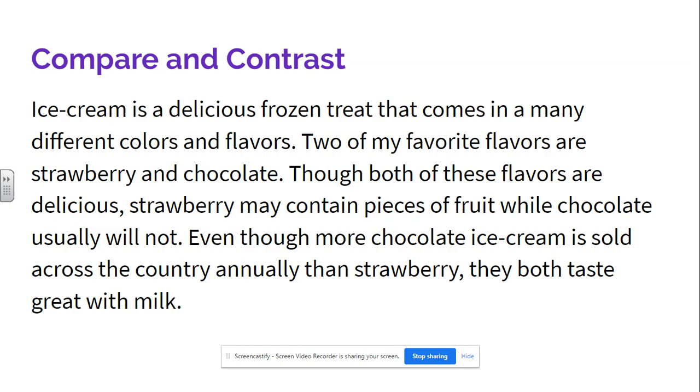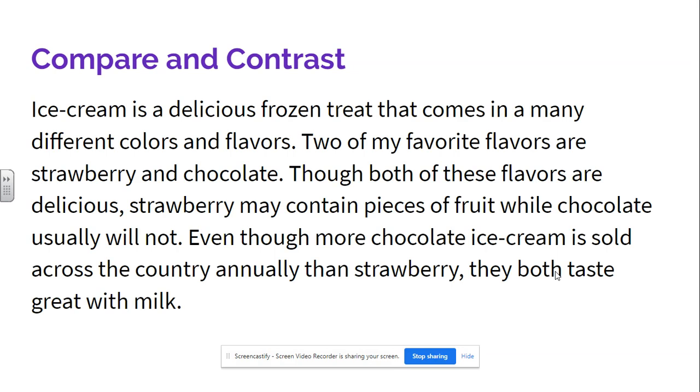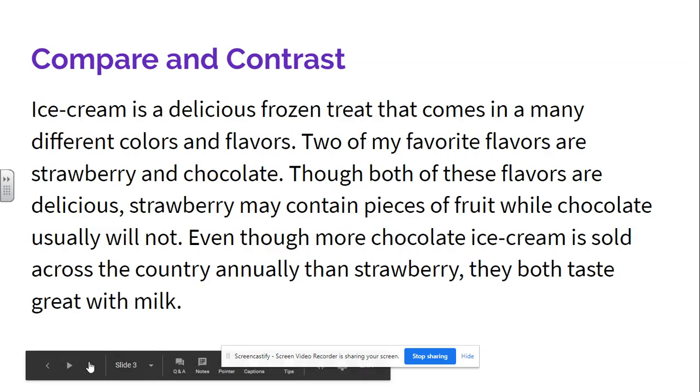So there's one word in particular that definitely pops out to me, and I see the word both talking about how they're similar. So that is one key word that might signal to your reader what text structure you're using.